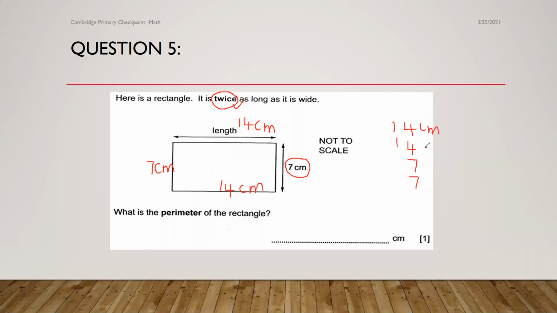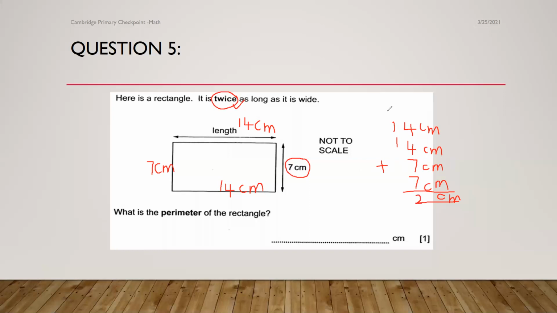So my 2 lengths I have taken, and I have taken my 2 widths, right? So that is how we find the perimeter. Okay, so you have to add these 4 to get your perimeter. So you will get the unit with centimeters. 7 plus 7, 14. 14 plus 4, it's 18. 18 plus 4, it's 22.